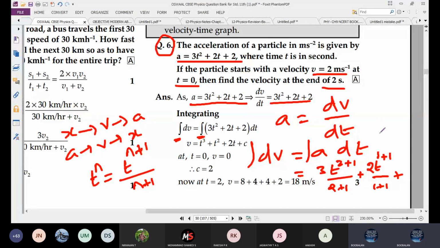The 2, what does 2 mean? t power 0. Now you write 2 t power 0 plus 1, divided by 0 plus 1, plus c. C is the integration constant.